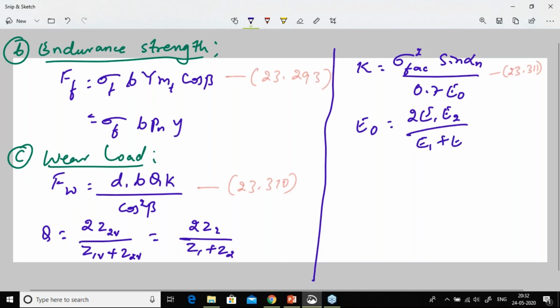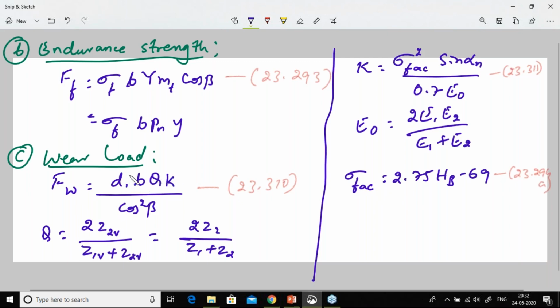So E1 and E2 are the Young's modulus of pinion and gear respectively, whereas sigma FAC is the limiting stress for surface fatigue, that is equal to 2.75 times HB minus 69. Equation number 23.294a. By substituting all these values in the Fw equation, we will get the wear load.